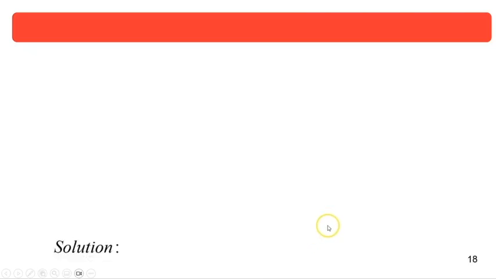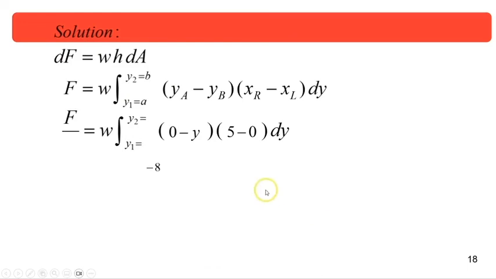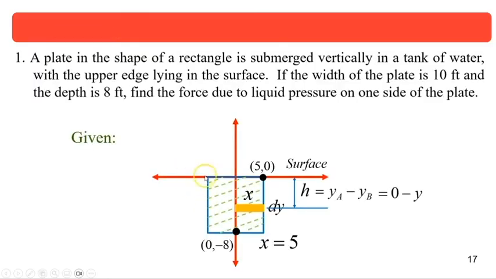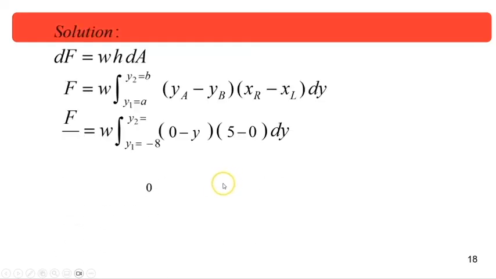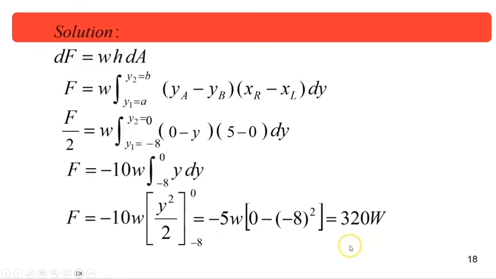That means x is equal to 5. So you can see here, that's 5 minus 0. But you have to take note that the force is divided by 2. And then the slab is submerged fully, so until a depth of -8, because in here you can see the whole slab is submerged from -8 up until the top, which is 0. So in here, the final answer is 320 W force units.